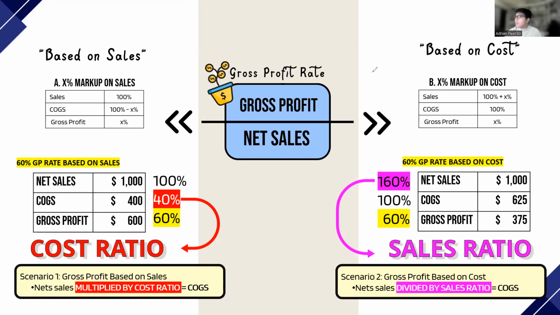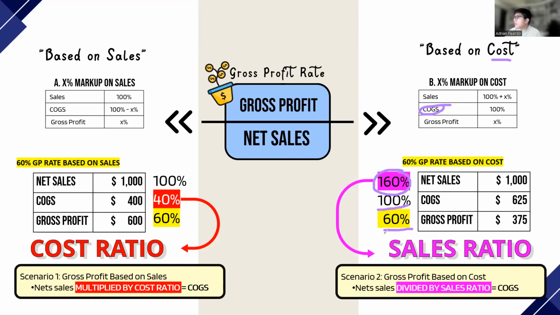On the other hand, if it's based on cost, ang 100% natin is the cost of goods sold. And therefore, kung 100% to, we know that net sales is higher. So 60% gross profit is still 60%, pero ito 100%. So ang net sales natin is COGS plus gross profit is 160%.